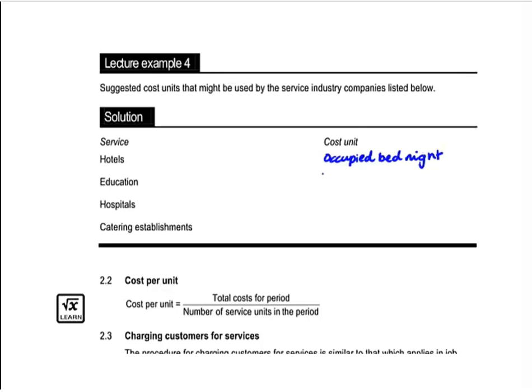In education, we might look at the cost per full-time student, or you might look at the cost per tutor or the cost per course. For hospital, you might look at the cost per patient per day. And for catering establishments, you might look at the cost per meal or the cost per customer served.